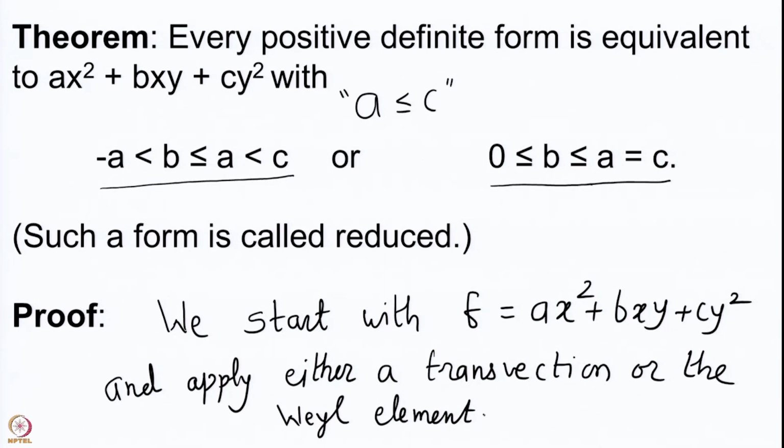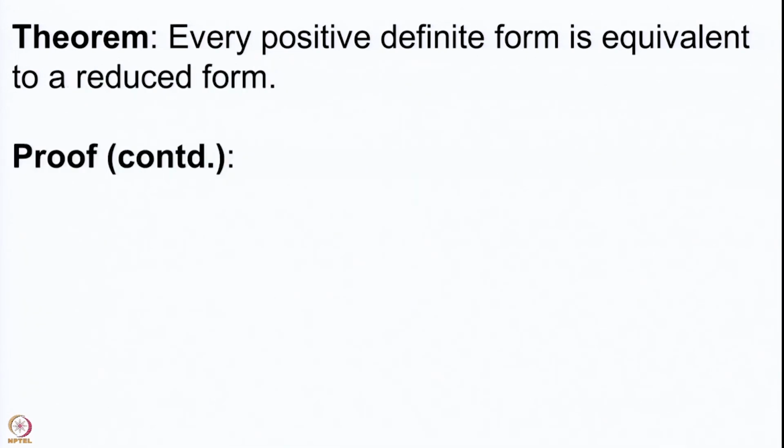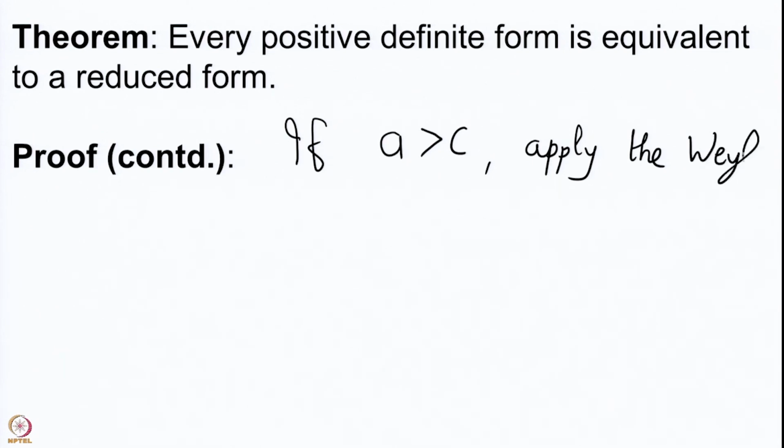Let us start with the possibility that A may not be less than or equal to C. So, if A is bigger than C, apply the Weyl element to get A less than C. If your A is equal to C, you do not have to apply the Weyl element, but if A is bigger than C, then apply the Weyl element.